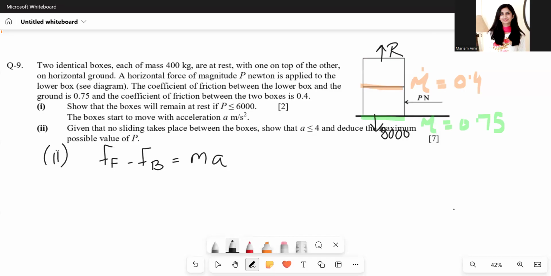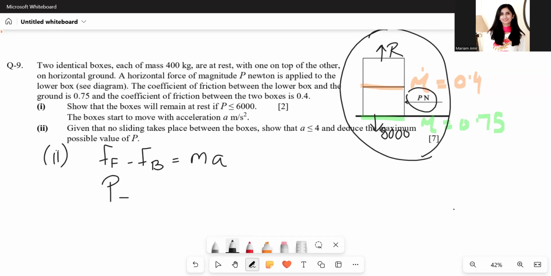So let's look at the complete system. Forward force on this system is this. Backward force on the system would be the friction, is equal to mass times acceleration.